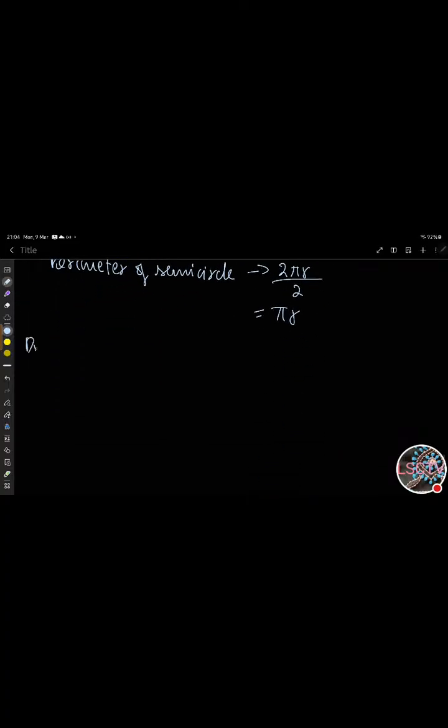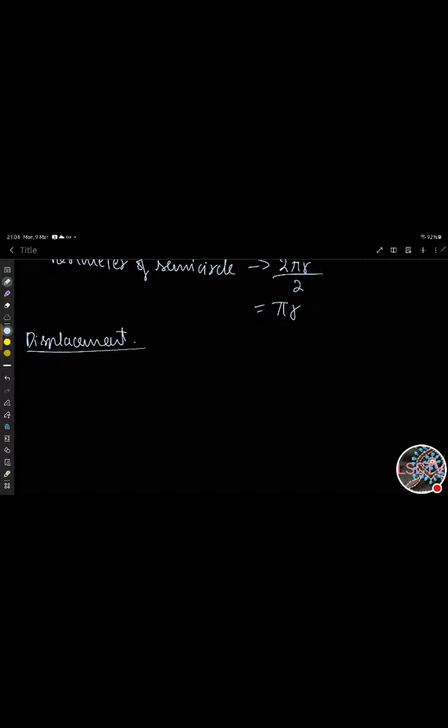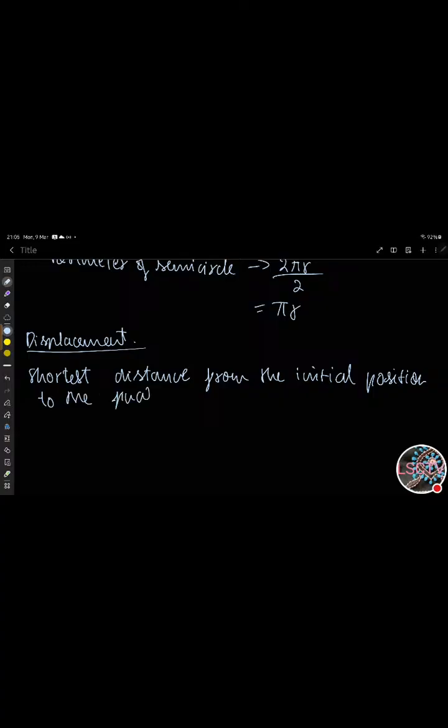So, this is called the displacement. Okay, what is displacement? Shortest distance from the initial position to the final position. Okay, fine. Got it, everyone?